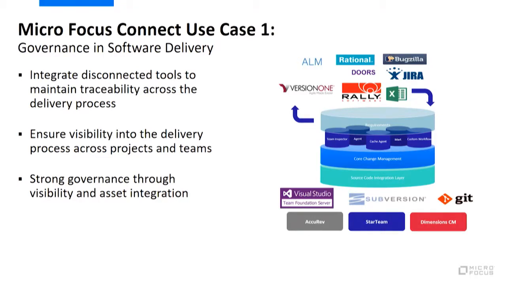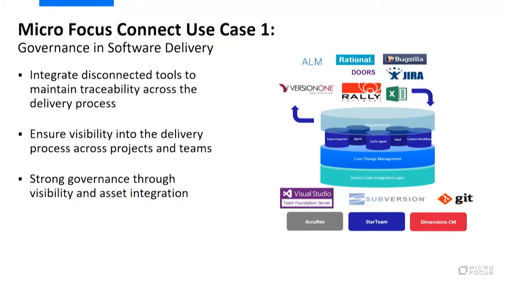We want to provide a single location for visibility. Connect will allow us to do that. Connect will allow us to build on a hub concept where all of the data comes into the common hub, is normalized, and can be worked on. Of course, it allows us to take permissions from all of these different systems and apply them, so we can't just go into the hub and pull out data if we don't have access to the data set from a system perspective.